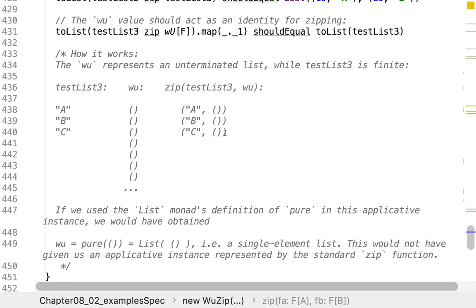Indeed, a zip defined in this way can't do much more than cut, because if it didn't cut, it would have to produce here another element of type string unit. But there's no string to write here. Logically, you would have to cut.